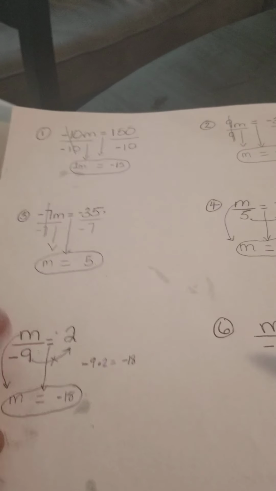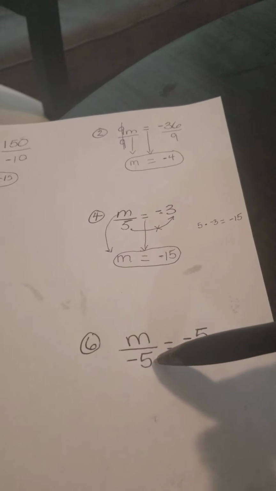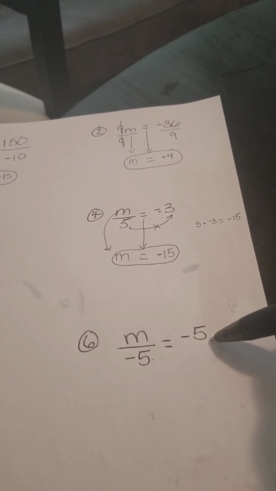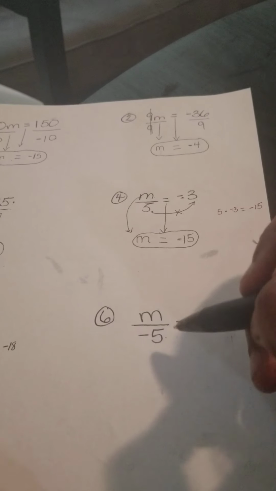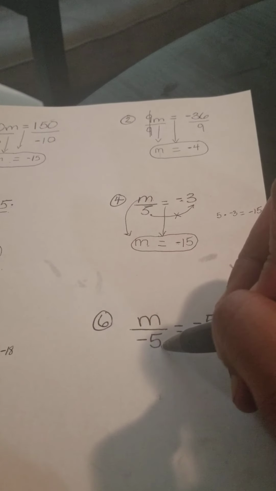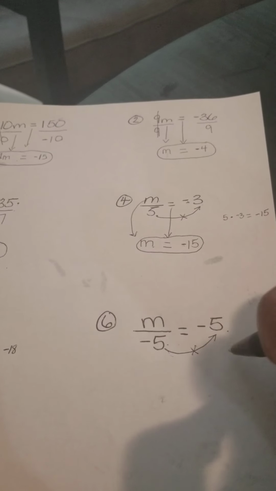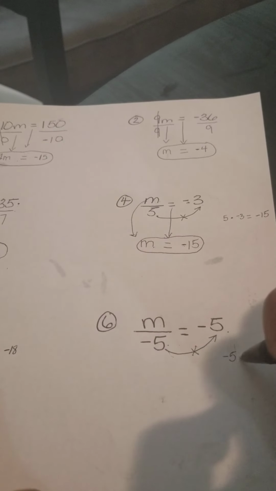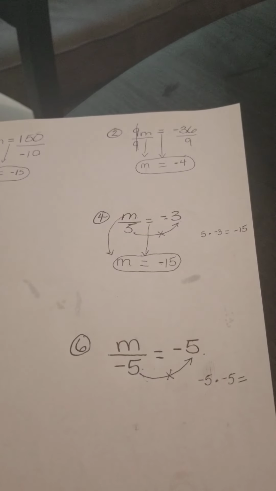And lastly, we're going to do a double negative. So we have a negative sign at the bottom and a negative sign here on the outside. Same steps, nothing changes. We're going to do negative 5 times negative 5. And what do we have when we get a negative times a negative? That is a positive.